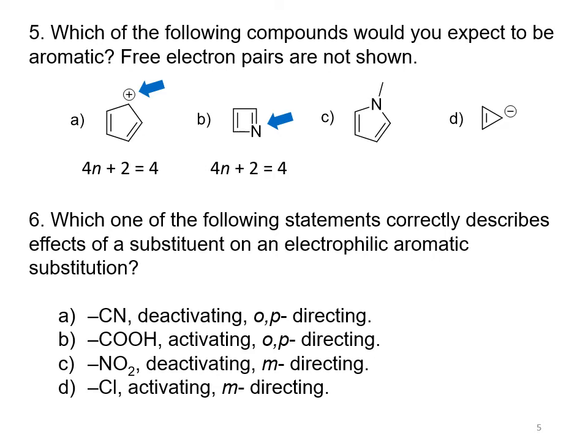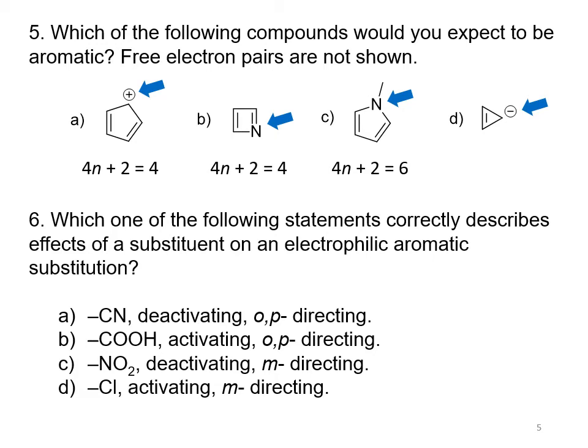So we have only, again, 4 pi electrons from 2 double bonds, and again, the compound is not aromatic. C. This free electron pair is in an unhybridized p orbital and is delocalized. And now we have 6 pi electrons, and that solves the formula for n equals 1. And since n is a whole number, this is an aromatic compound.